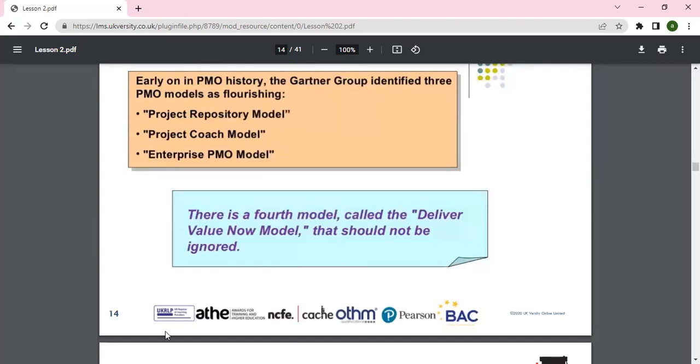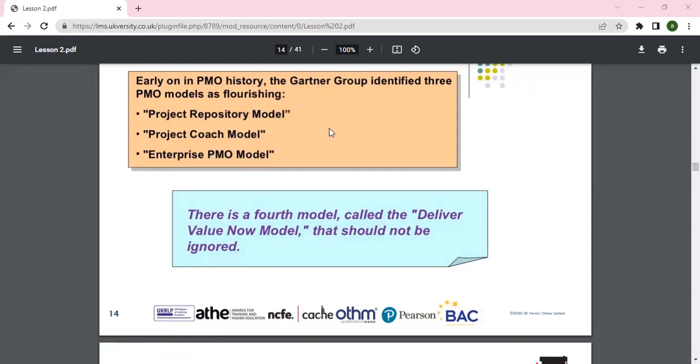PMO, early on the PMO history. We can look around the value model, VFM, value for money model, project coach model.